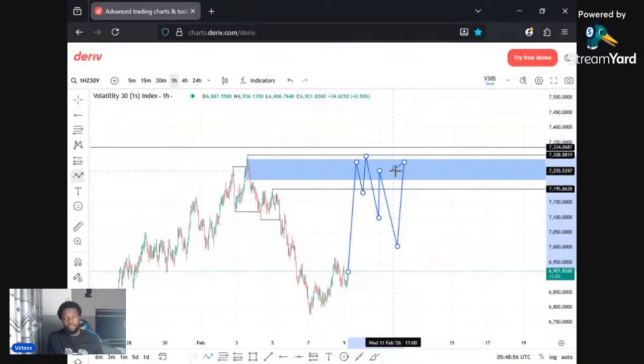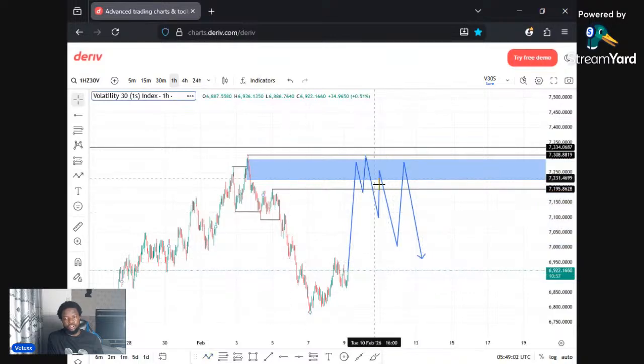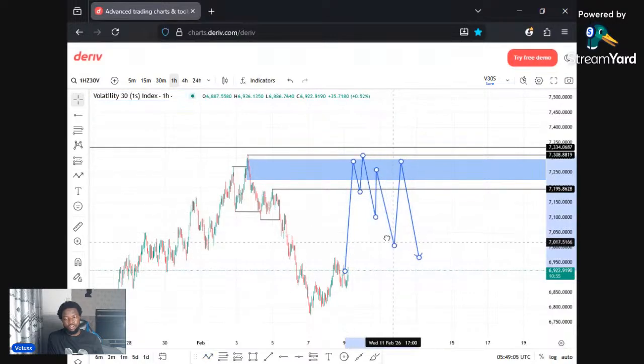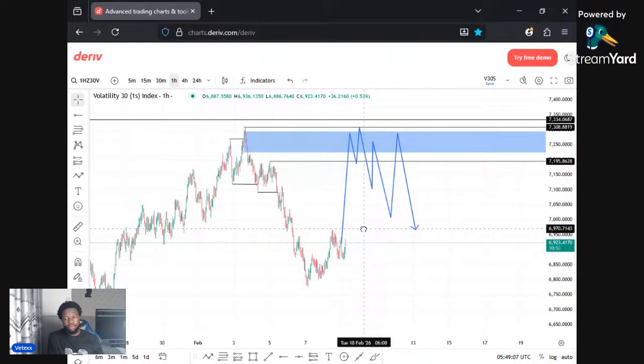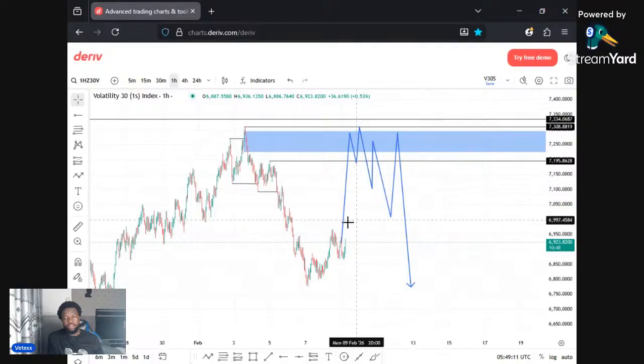It's coming here to give a continuation structure and then continue in the opposite direction. Once price gives us this, we hold this trade from up here down until this target is taken out.